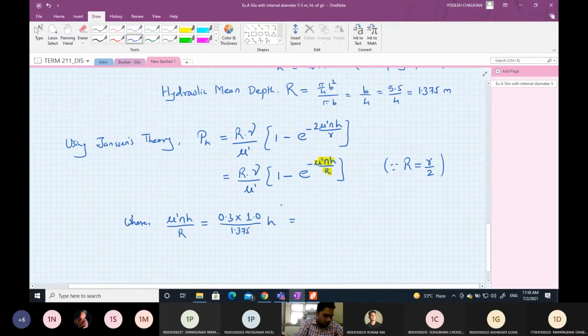So this will be 0.3 divided by 1.375, so that will be 0.218 H.